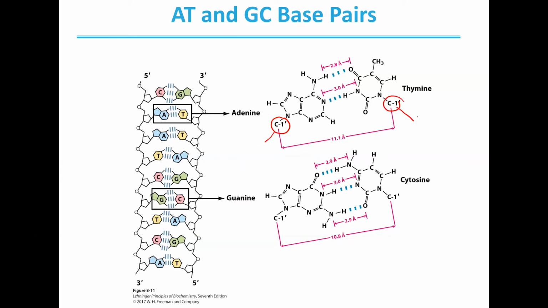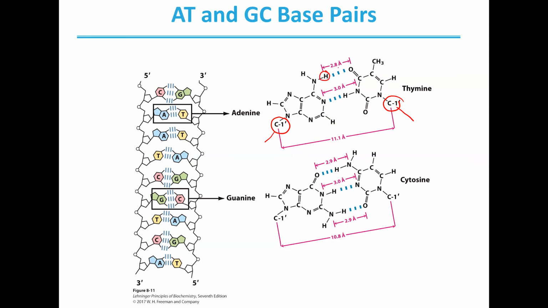Similarly, thymine is bound off to its sugar right here. You can see using the 6-membered ring of adenine and thymine, we are making 2 hydrogen bonds. So A and T only bind together with 2 hydrogen bonds.